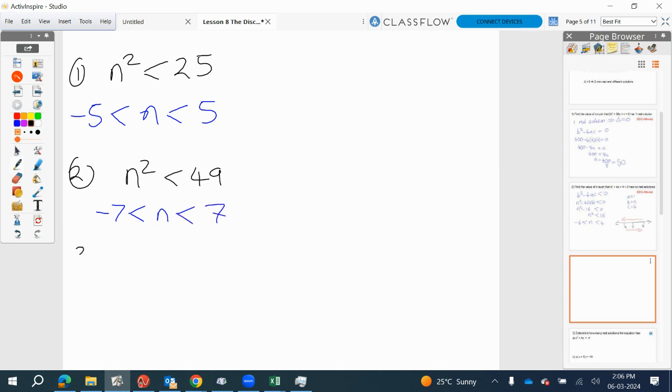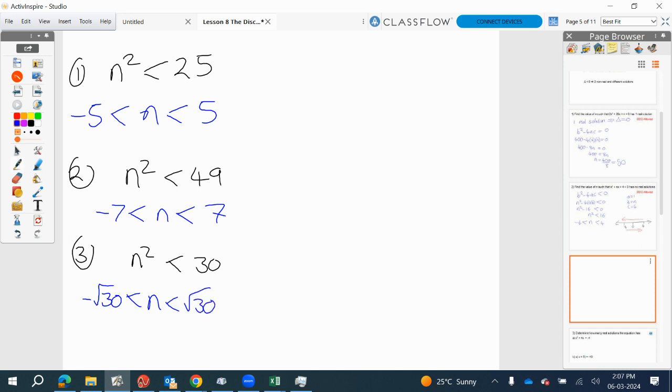Make it slightly harder. Let's have n squared is less than 30. Without a calculator, what's this going to be? Minus root 30 is less than n is less than root 30.